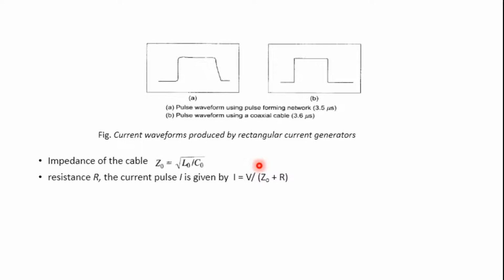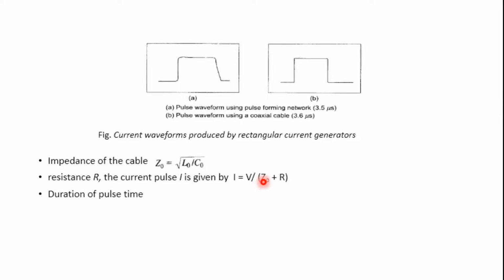The cable is charged to a particular voltage V, and R is the resistance of the test object which is required to test the device. Then the current pulse I is given by Ohm's law, I equals V by the total impedance, meaning the impedance of the cable plus the resistance of the test object.